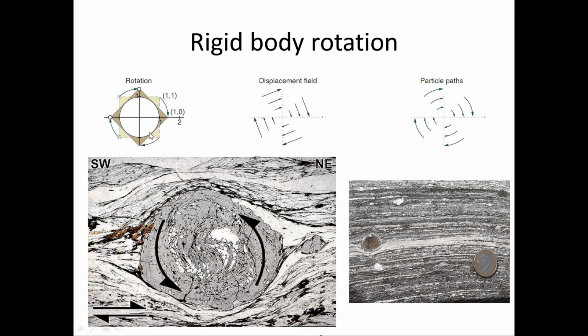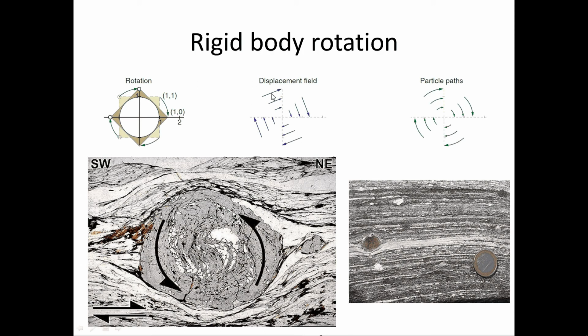No change in the shape, no change in the volume has taken place. So this is rigid body rotation. When a body does not show any volume change or shape change, and just rotates on its axis, we call such deformation rigid body rotation.